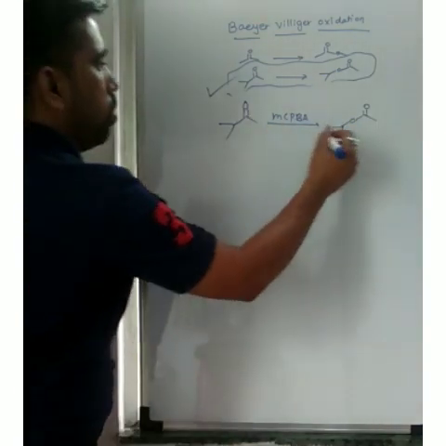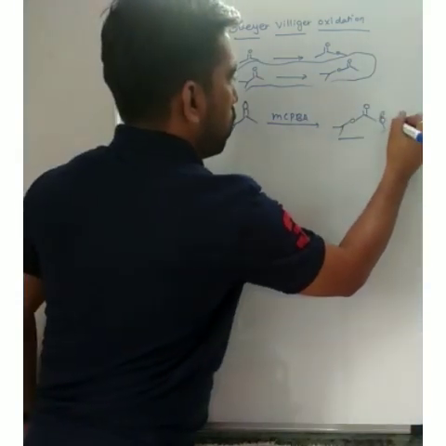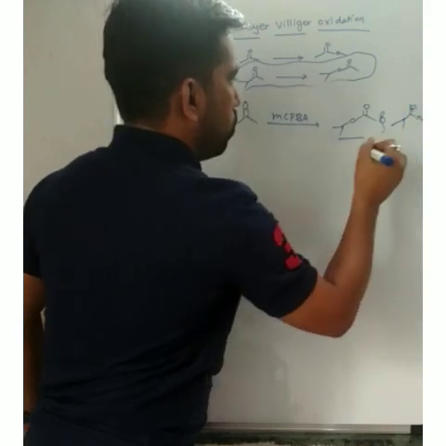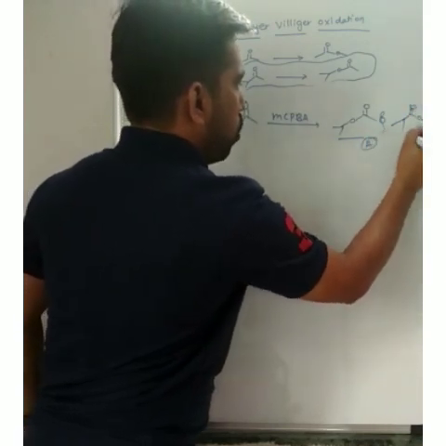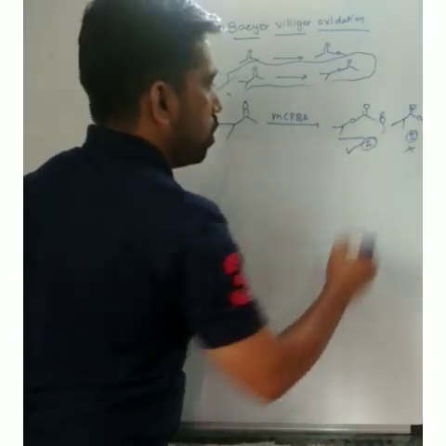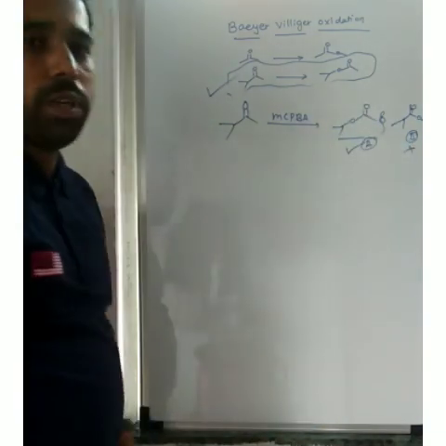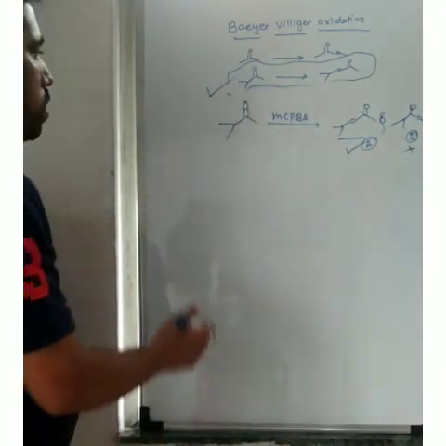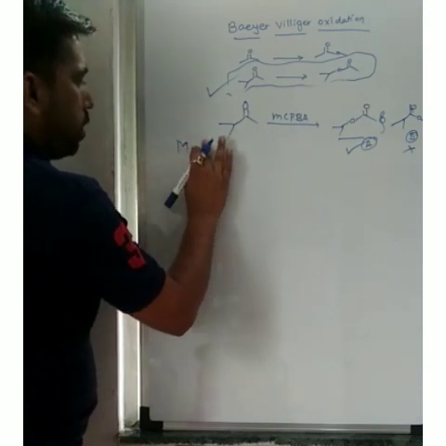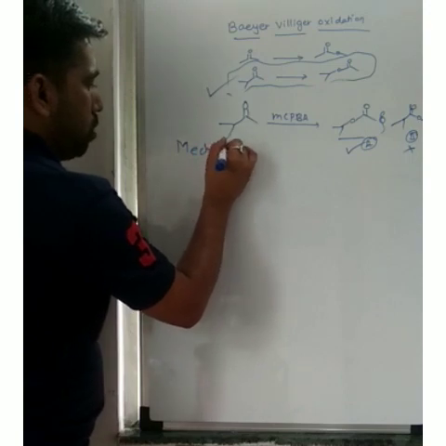Now, how can we get this product and not this one? We get product A and not B. Why is there no formation of B? We see the mechanism for this reaction. Using the mechanism, we get a clear idea about the Baeyer Villiger oxidation reaction.